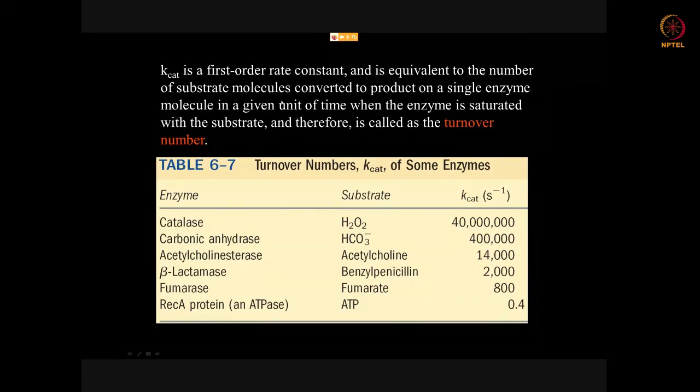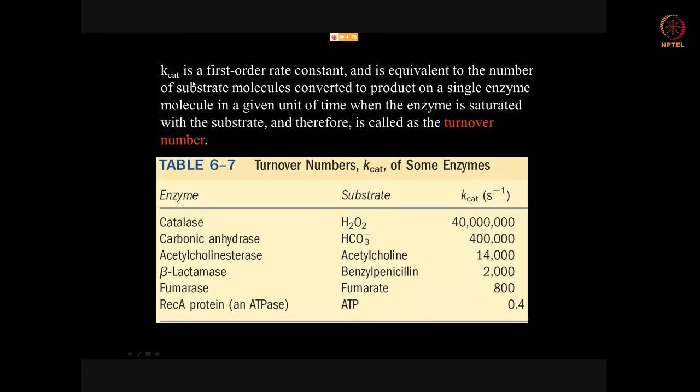It is equal to the number of substrate molecules converted to product on a single enzyme per unit time when the enzyme is saturated with the substrate. This is an essential condition under which this relationship holds good. So this is also called a turnover number, because it tells how many substrates are turned over per unit time. The only additional thing you need to remember is this is true when substrate is at saturating concentration.